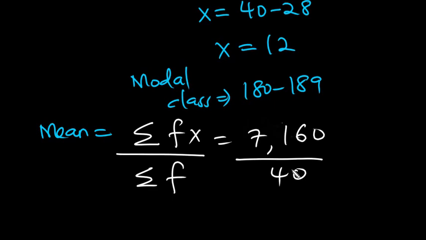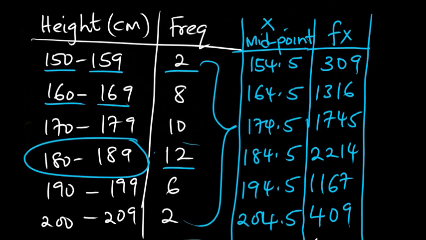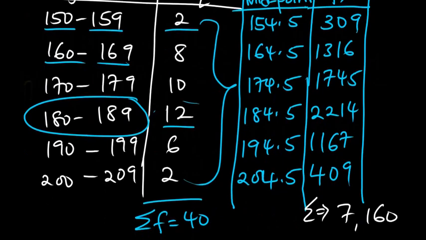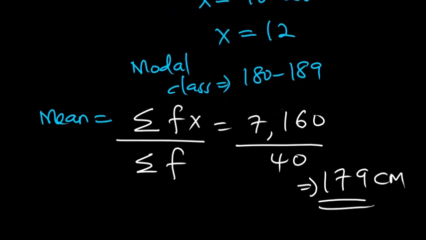So when we divide these, we're going to get 179. So that is centimeters, because we were given the values in centimeters. So that is the mean height of these athletes.